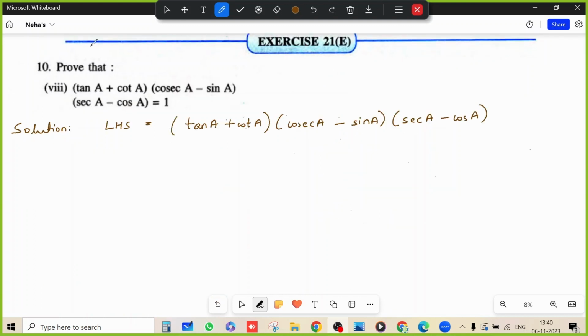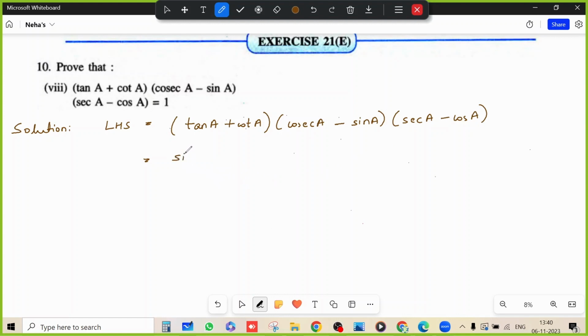In the next part of the question, we have to prove that tan A plus cot A into cosec A minus sin A into sec A minus cos A is equal to 1. So we will begin with the left hand side, and we will convert all the trigonometric ratios here in the form of sin and cos.